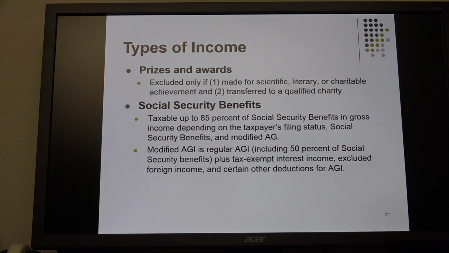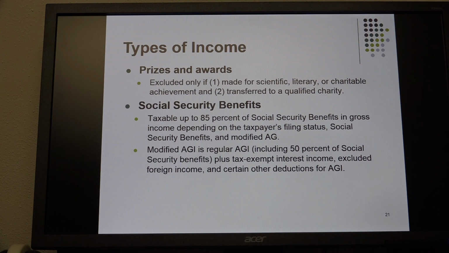Now note, you have some types of exclusions under prizes and awards. If the prize or award is made for scientific, literary, or charitable achievement, and the recipient of the prize or award transfers the prize or award to a qualified charity, that's not included in income.